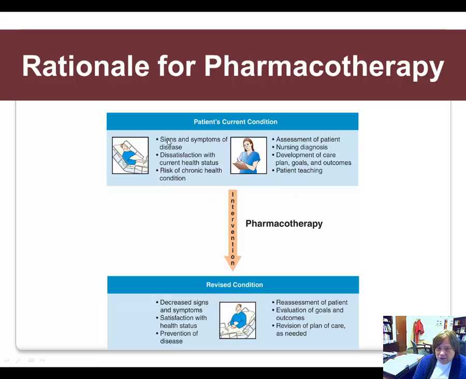You need to understand why this person is having the signs and symptoms of the disease process. The pathophysiology will explain why, if someone has pneumonia, the signs and symptoms would include a cough. So again, the pathophysiological changes will explain why that person has a cough. Medications are given, and then you would expect to see improvement and a decrease in these signs and symptoms. That's the connection between pathophysiology and pharmacology.